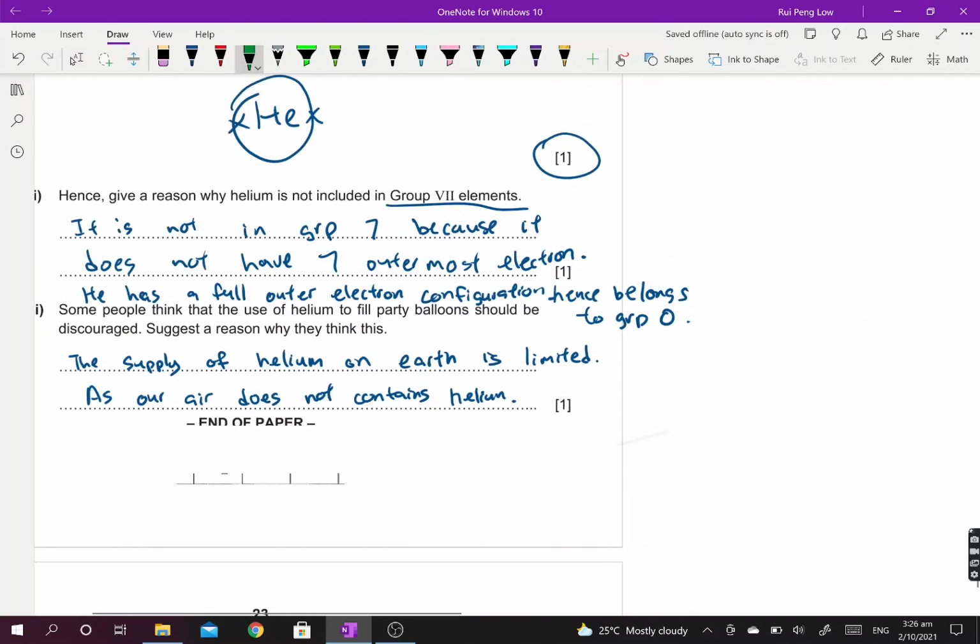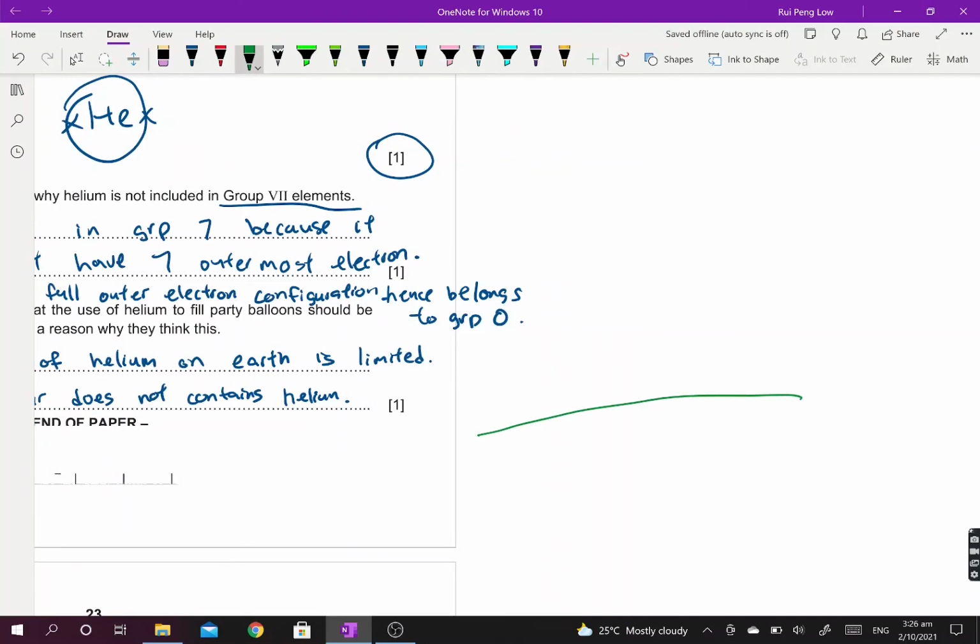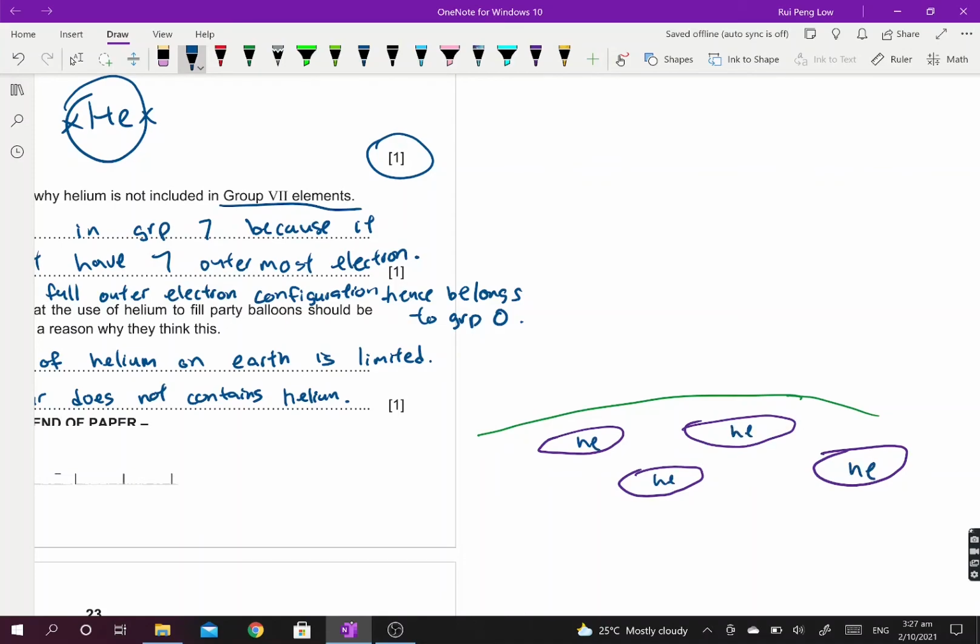Now, to get helium, one of the ways is from the Earth. This is our Earth. Because of the history or the birth of Earth, you get air pockets of helium underground, which is trapped. So these are all helium. What we can do is drill down to all these air pockets to collect the helium and then store it in a tank.